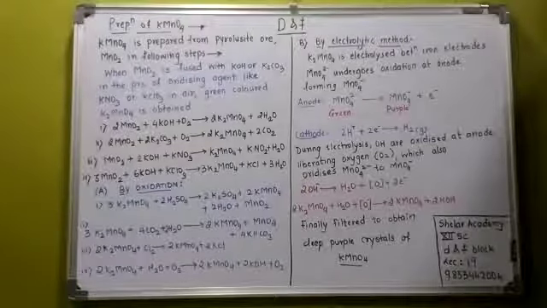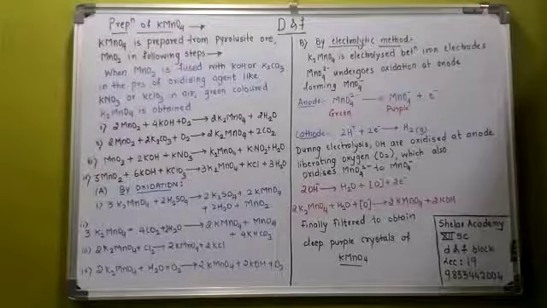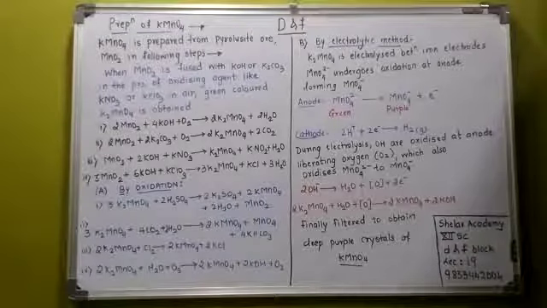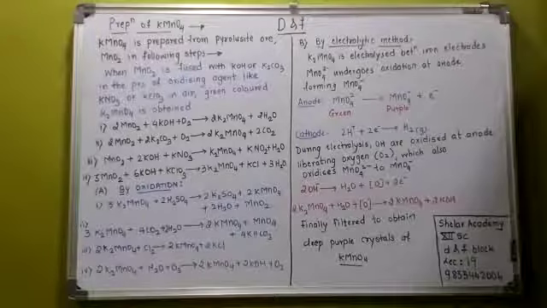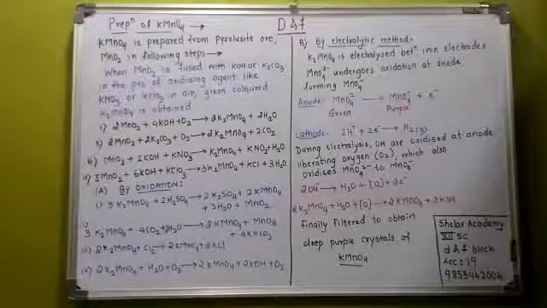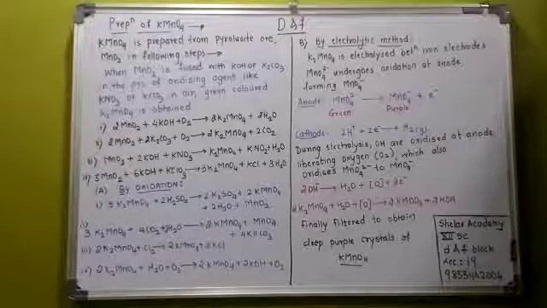In the electrolysis reaction, OH minus is oxidized at the anode, liberating oxygen gas, which also oxidizes MnO4 2 minus to MnO4 minus. So this is the reaction which takes place: OH minus is converted to O and water with loss of 2 electrons, and that is gained by K2MnO4, converted to KMnO4 and KOH.